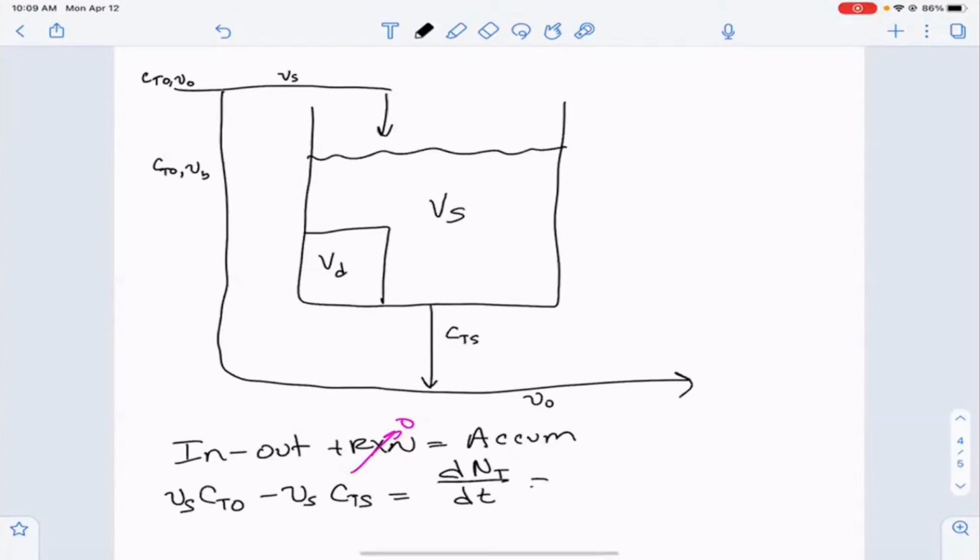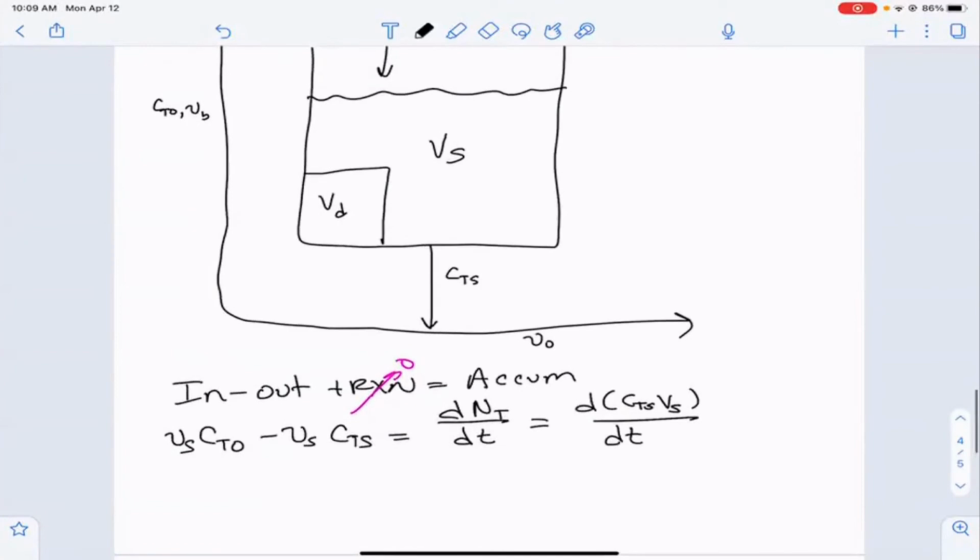And now remember, NT is also the concentration of the tracer times the volume, so that's d(VS CTS)/dt. And if we treat the active volume as equal to a constant, that just becomes VS times dCTS/dt.